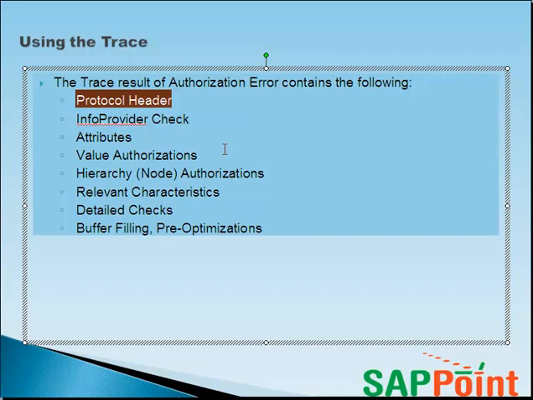That is, the query name and info provider name if available, the name of the user who has executed the query, and possibly the name of a restricted user, which may be different if the query was executed by a power user with analysis authorizations for another user. Timestamp with the execution time on the local server and the time of the server of execution, and the calling transaction code is also listed.